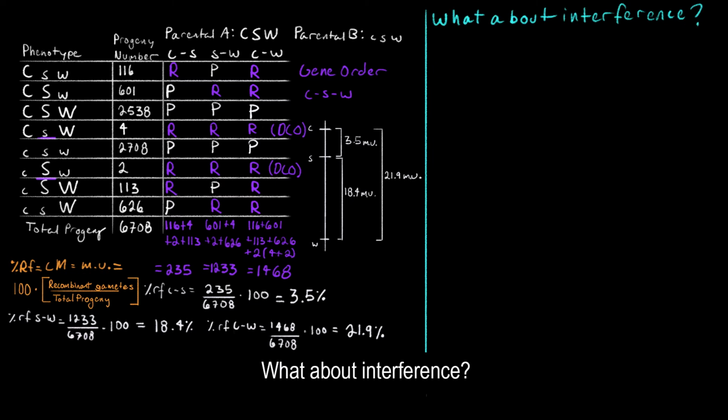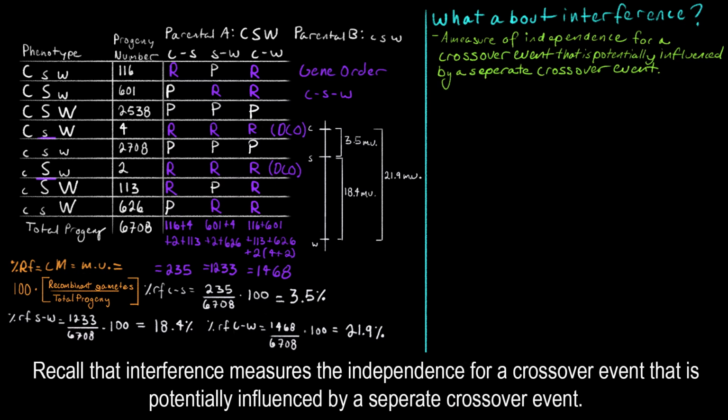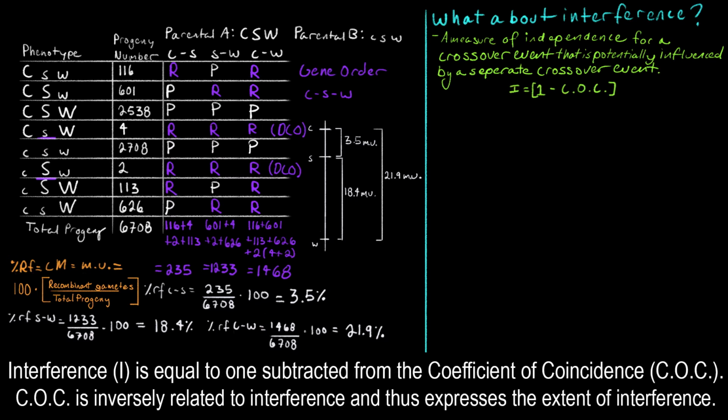What about interference? Recall that interference measures the independence for a crossover event that is potentially influenced by a separate crossover event. Interference, I, is equal to 1 subtracted from the coefficient of coincidence, COC.